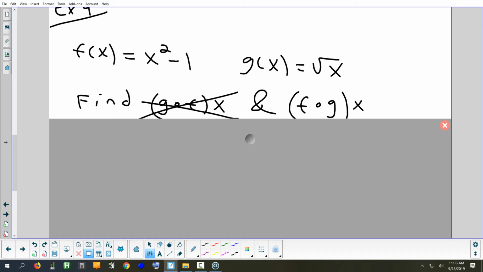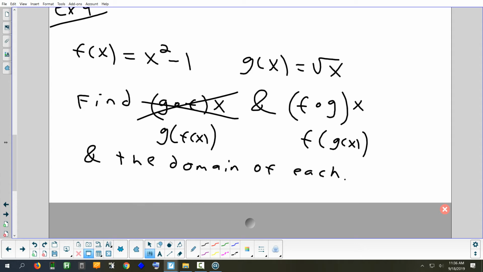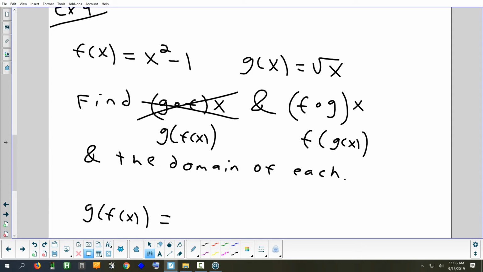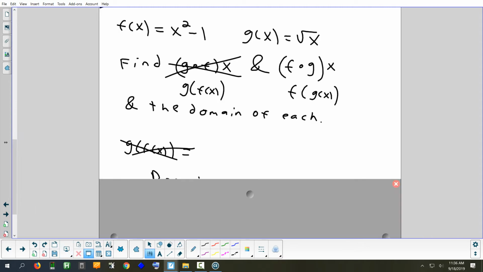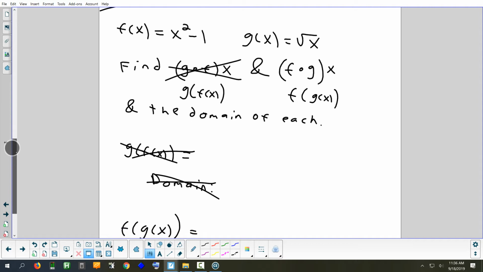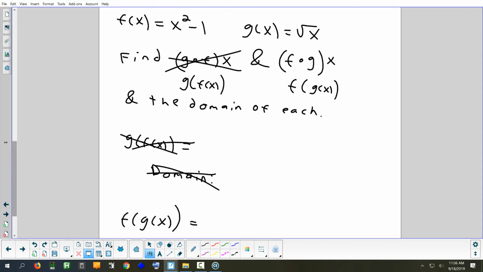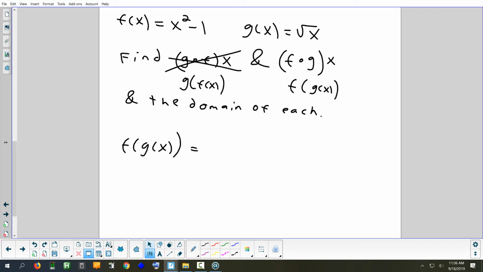So we're going to find f of g of x, and then we'll do the domain. I'm just going to move this up so I've got more space.